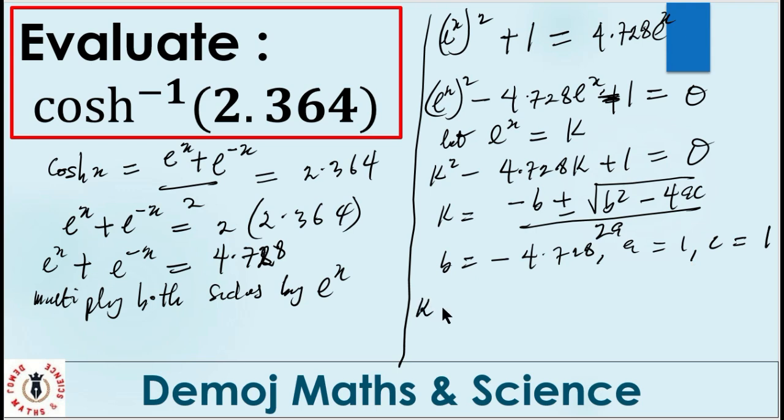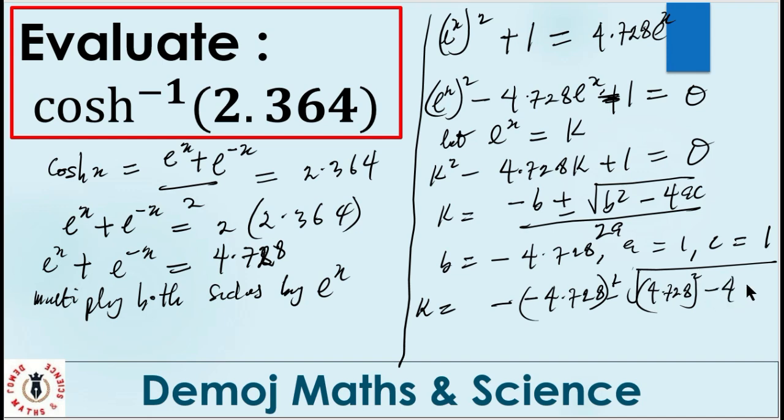So that k here is the same thing as minus minus 4.728 plus or minus square root of 4.728 all squared minus 4ac. That's minus 4 times 1 times 1, which remains 4.